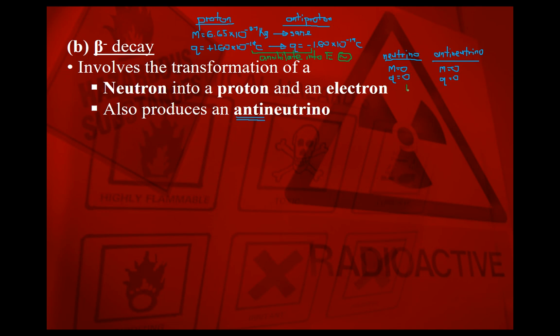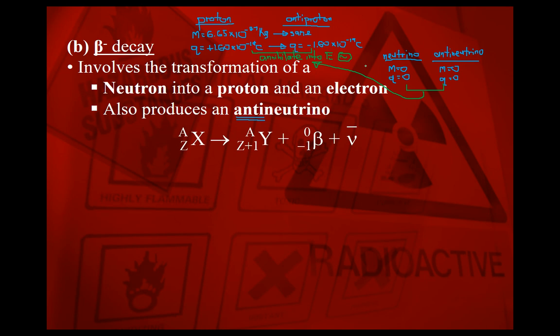All we know is if you combine a neutrino and an antineutrino, they will annihilate into pure energy and give you a photon or some photons. So that's what an antineutrino is. It's just the antimatter equivalent of a neutrino. Okay, let's look at the equation in a bit more detail now.